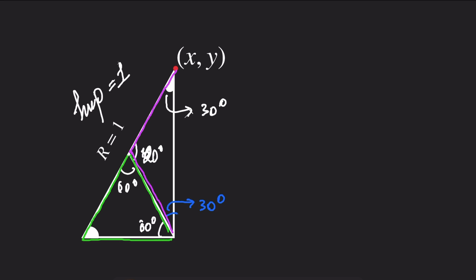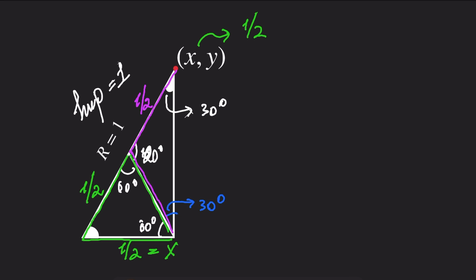So this green part is going to be equal to 1 over 2, and the purple part is going to be equal to 1 over 2, right? So that is why this green part here is going to be equal to 1 over 2. So essentially the x is going to be equal to 1 over 2 in this case. Okay, so the x coordinate of this point is 1 over 2. So I can find the y-coordinate of this point by using the Pythagoras theorem.